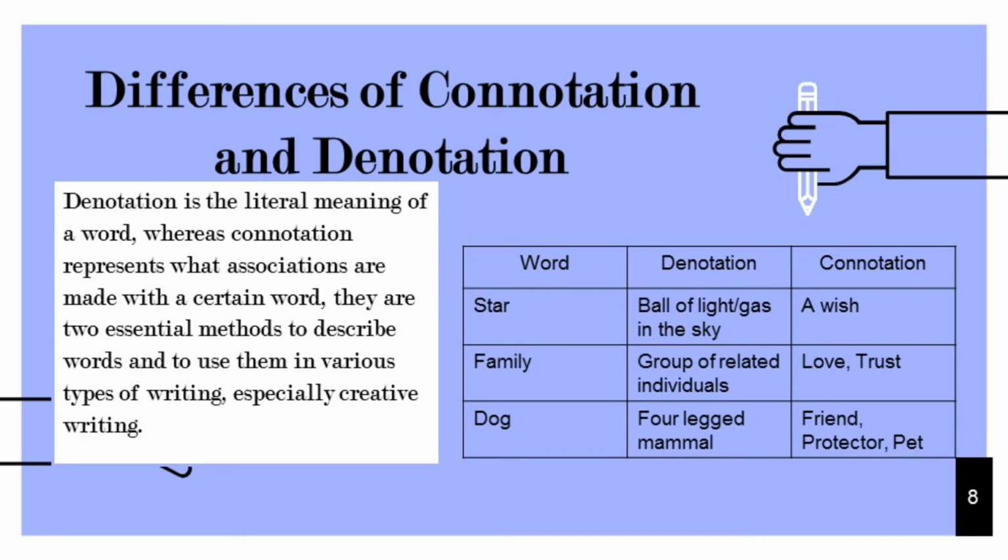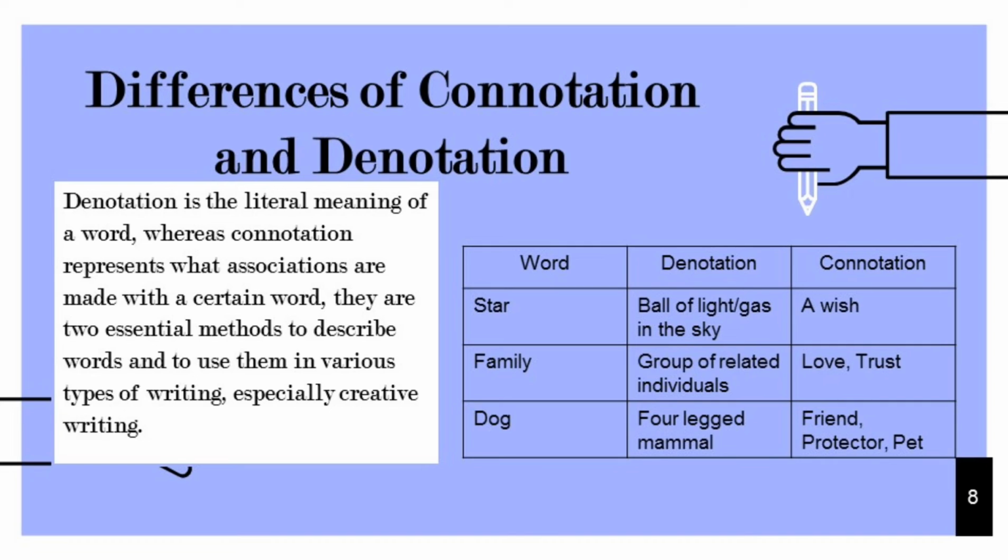For the word star, its denotation, or straight definition, is a ball of light or gas in the sky. When you apply the term star in the connotative definition, sometimes it can describe a wish. Next, we have family.